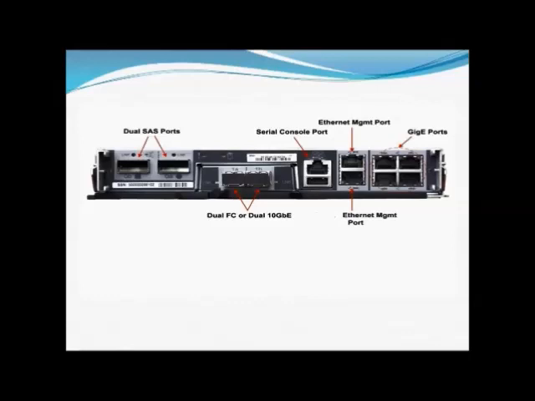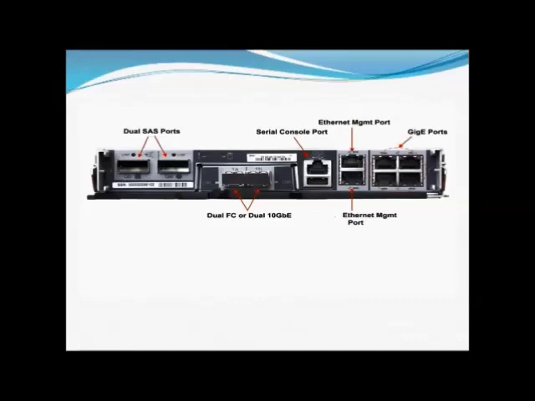This 10 GB connectivity that you see is for the data network. I was talking about three types of networks, so this is for your data. You could connect your fiber channel cable and your 10 GB connection on these ports. So this will again be for your data traffic.